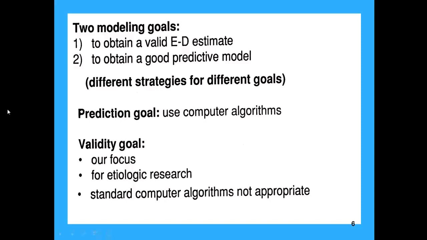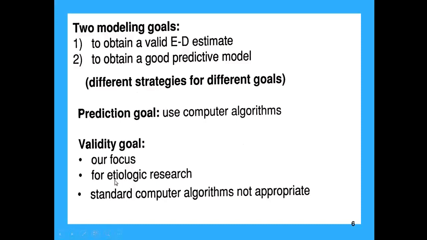When you're talking about validity, which is again going to be our focus, it is the primary focus of a lot, not everything, that's done in epidemiology or health science or medical science, but that's what you're trying to do when you're looking at what's called etiologic research. We're looking at cause-effect relationships, so that's validity.